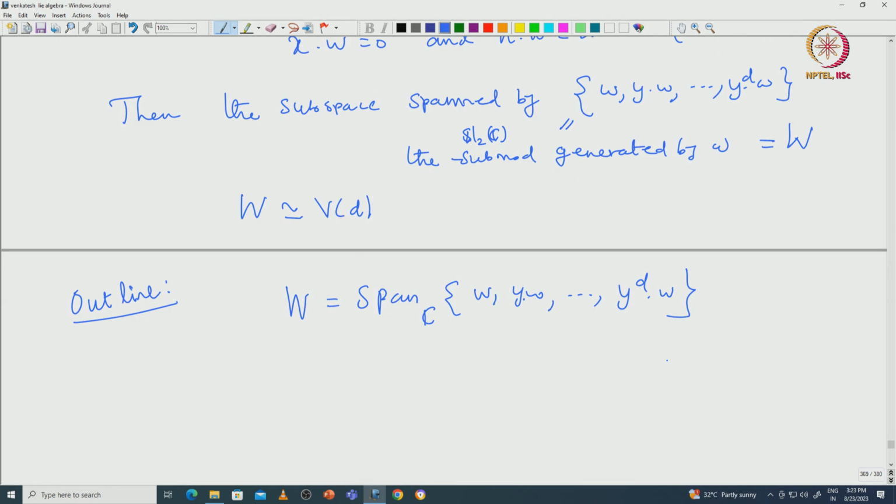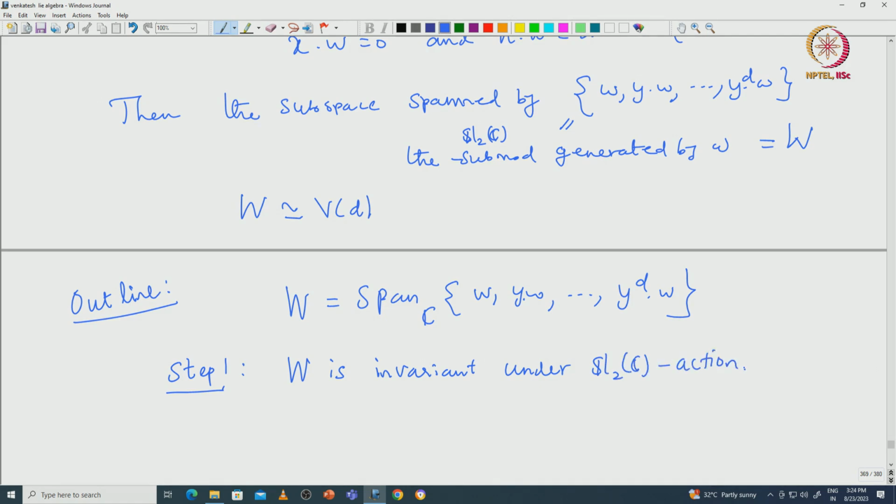Now one can prove that this subspace is indeed a submodule for this capital V. So, first step 1: try to prove W is invariant under the sl2C action.